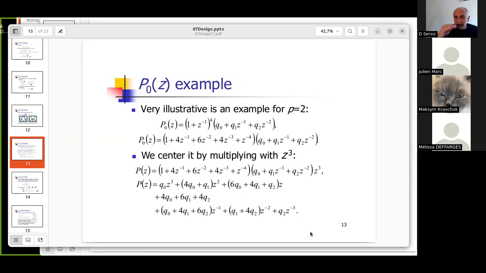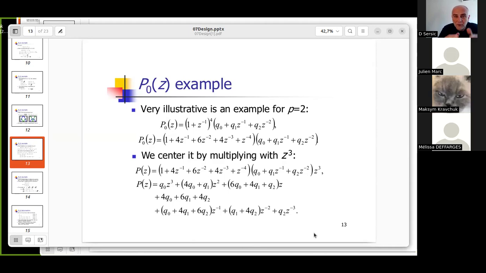They are split in 3 rows, and we can recognize that the middle row must be 1. It corresponds to the middle delay, if that delay is 3. This one can be any, this one must be 0, any, and so on.